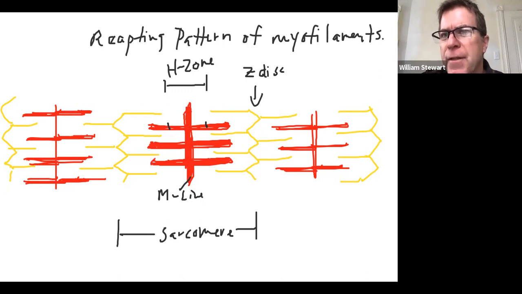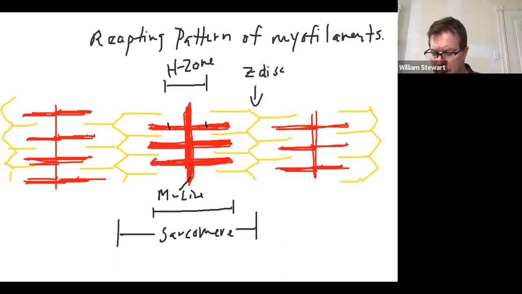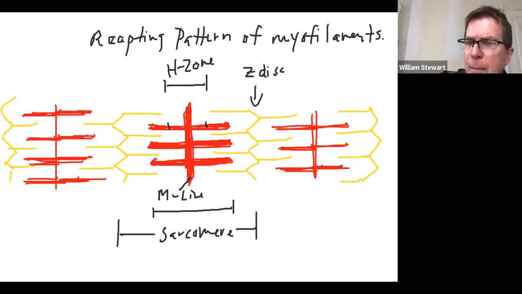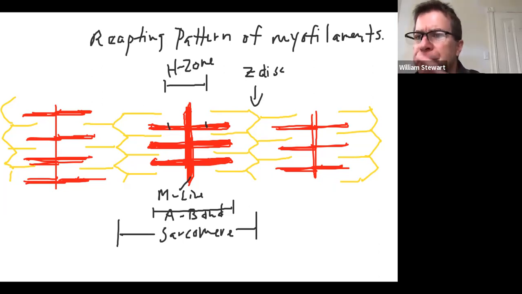From the tip of a myosin molecule out here, right there, to the tip of the other myosin molecule, which would be right there, that's called the A band, capital A, and that's just where there is myosin, B-A-N-D.